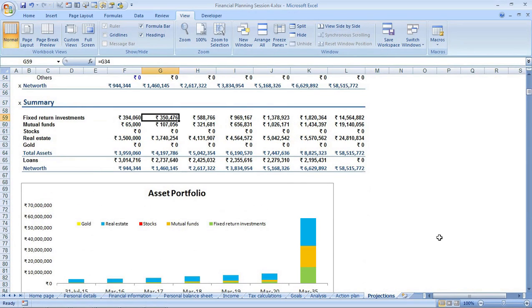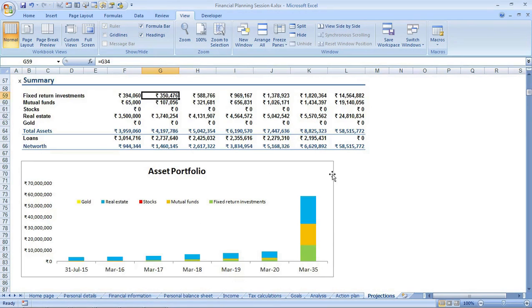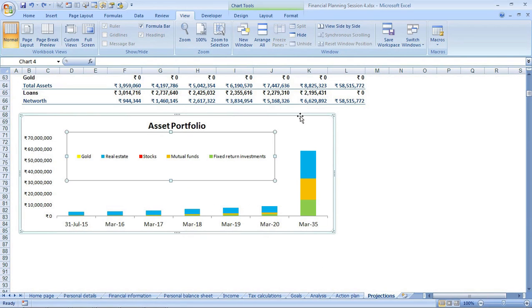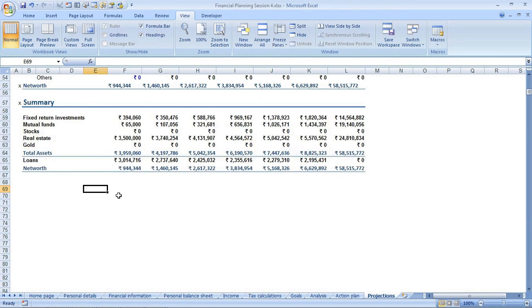also notice the proportions of the asset mix. Also notice the asset mix here. We could calculate this in terms of percentages probably to get a better idea. This chart, so we could count this.